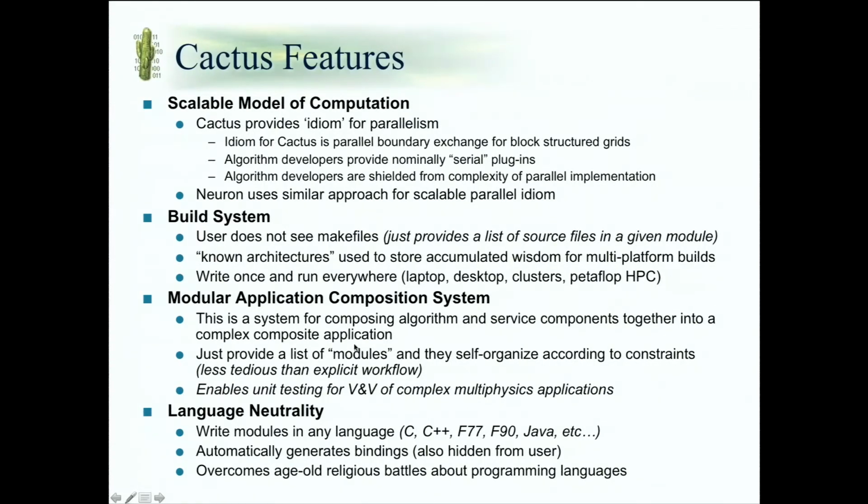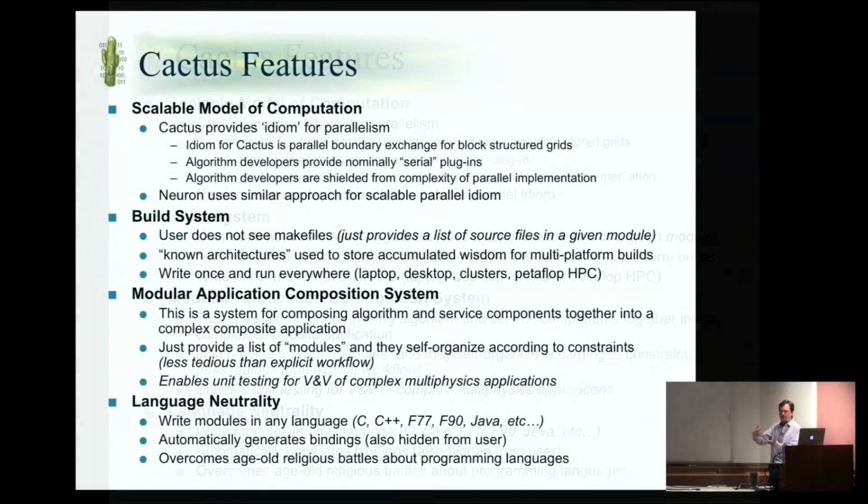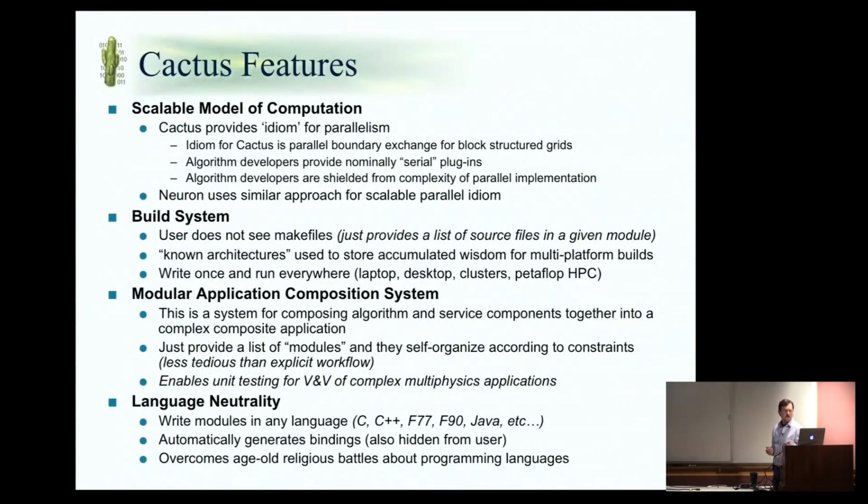You've got your modular application composition system, so you can describe how these different physics modules connect together, and it just handles all of the building of those modules and plugging them together. It kind of self-organizes the code for you. And then the last thing is language neutrality.